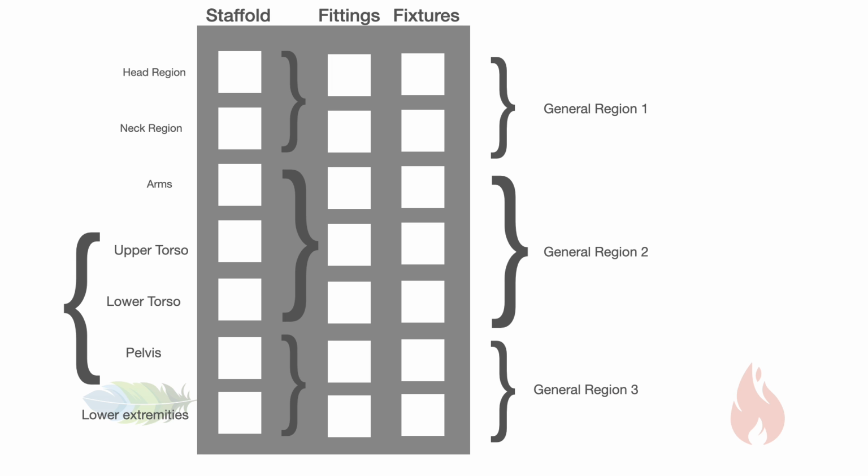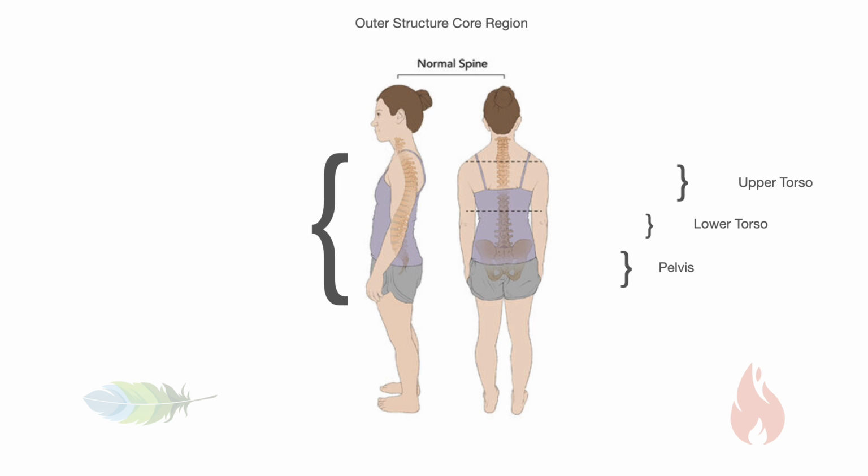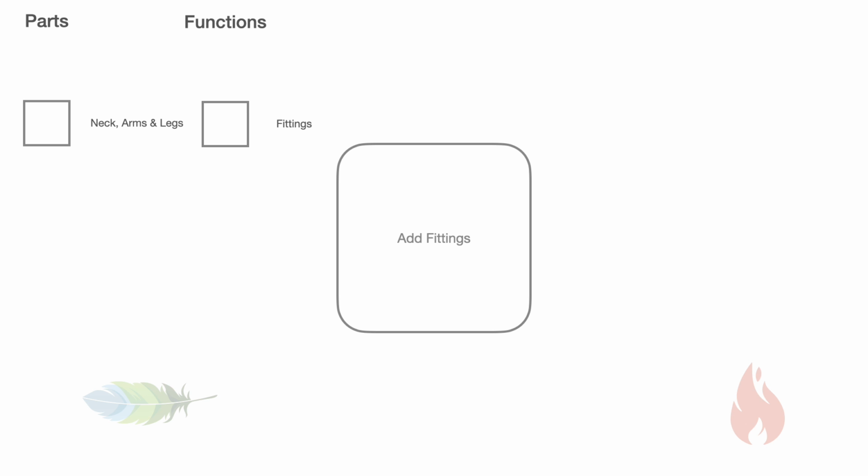All right. So we'll start out here, and we've got our parts list for fittings, and then we've got the function being the functionality of being a fitting for an overall structure.